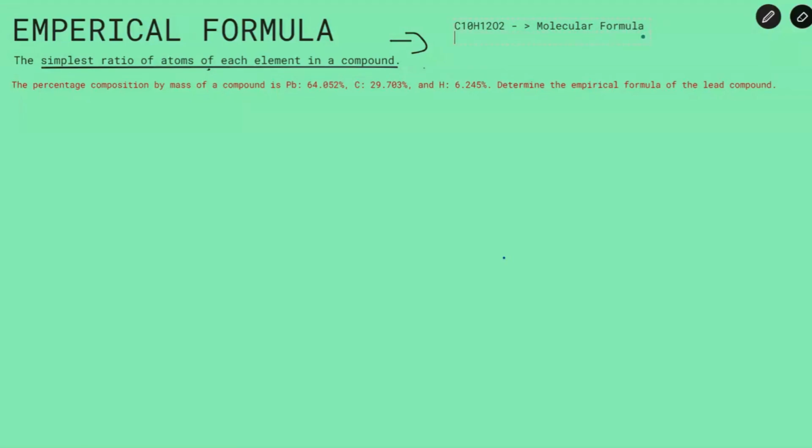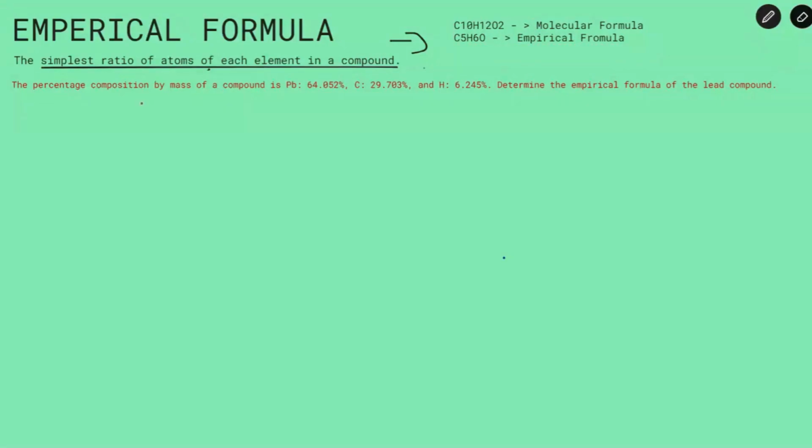But if we want to find the empirical formula, we would have to find the simplest ratio of atoms. In this case, we would divide each element by 2. So we would get C5H6O. And this would be called the empirical formula. Okay?